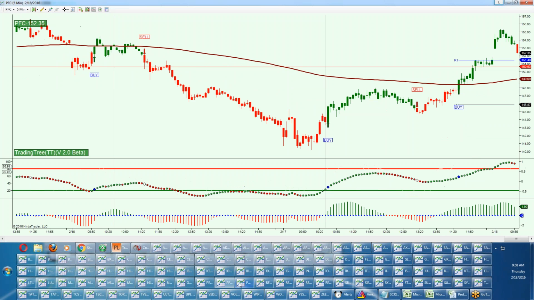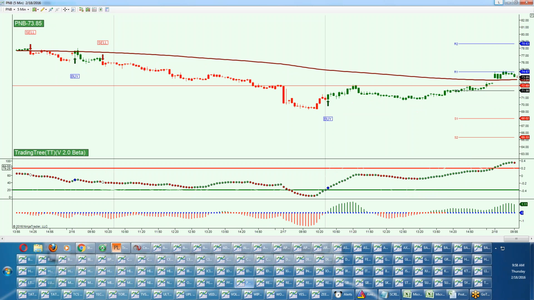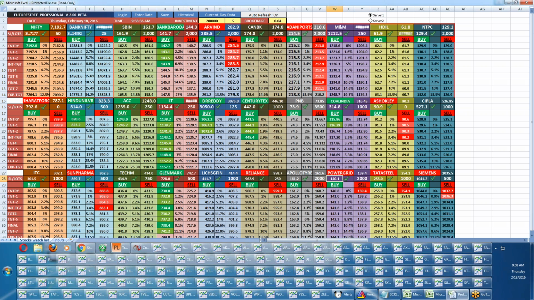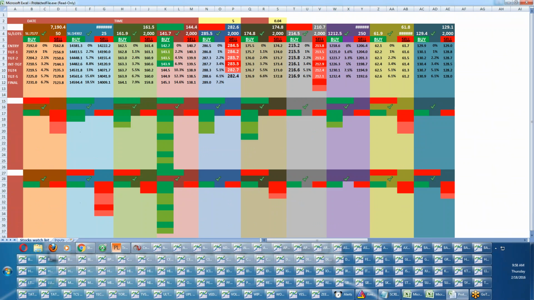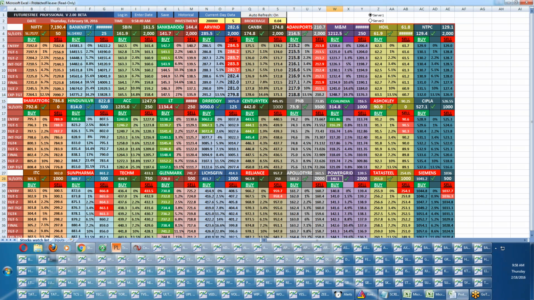I don't have the chart here for Power Grid. 139.40 for Power Grid. There is a strong support, two supports. So it's better to avoid this.